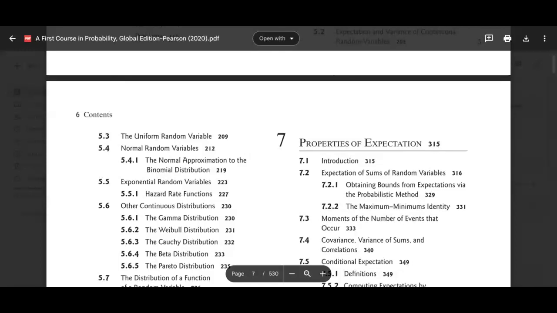So the most important material for this chapter is the normal distribution. Then gamma, beta, Cauchy: know the name, get familiar with the density function, and know the formula of the expected value, the mean, and the variance, if they have them. Cauchy doesn't have one. And that's it for chapter 5.